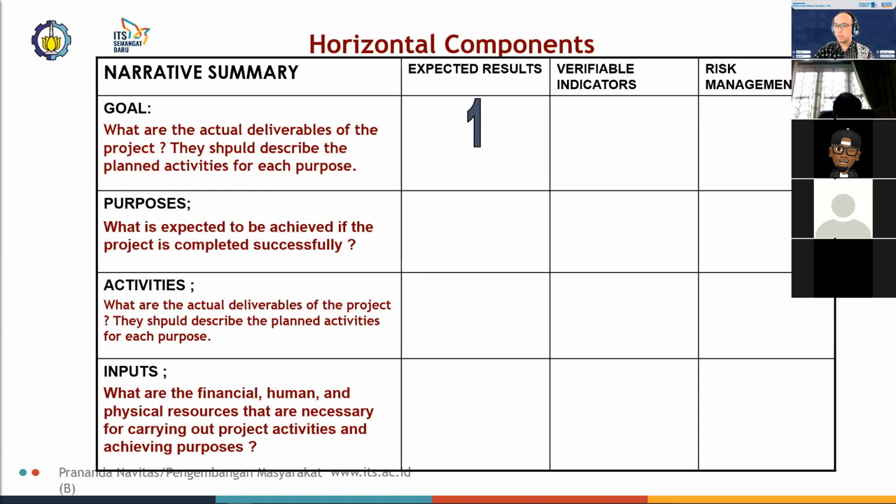There is a narrative summary of the goals, purposes, activities, and inputs, and then within each cell, you would need to state what the expected results are. You need to indicate whether there are verifiable indicators and the risk management aspects, or what risks are associated with each goal, purpose, activity, and input.